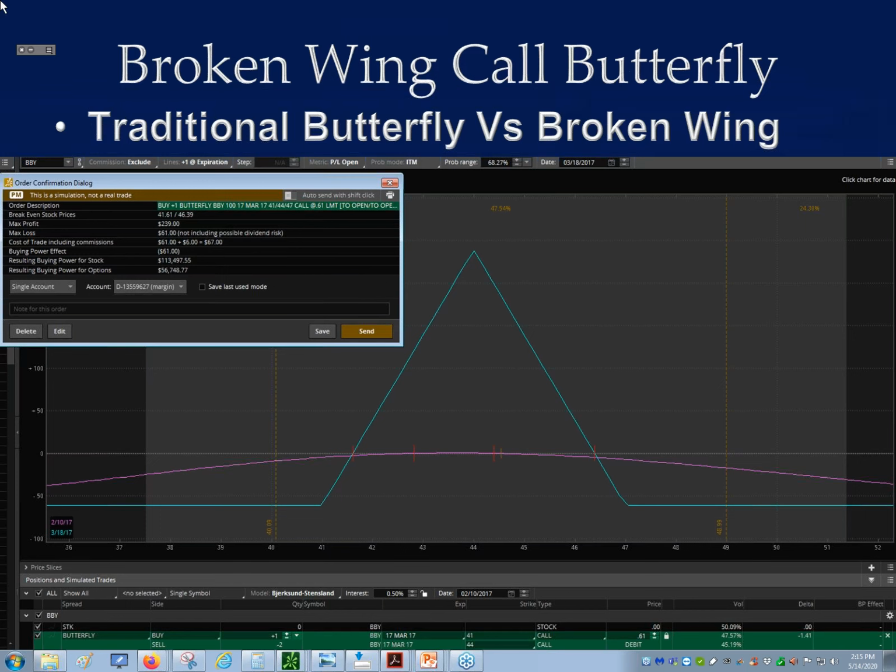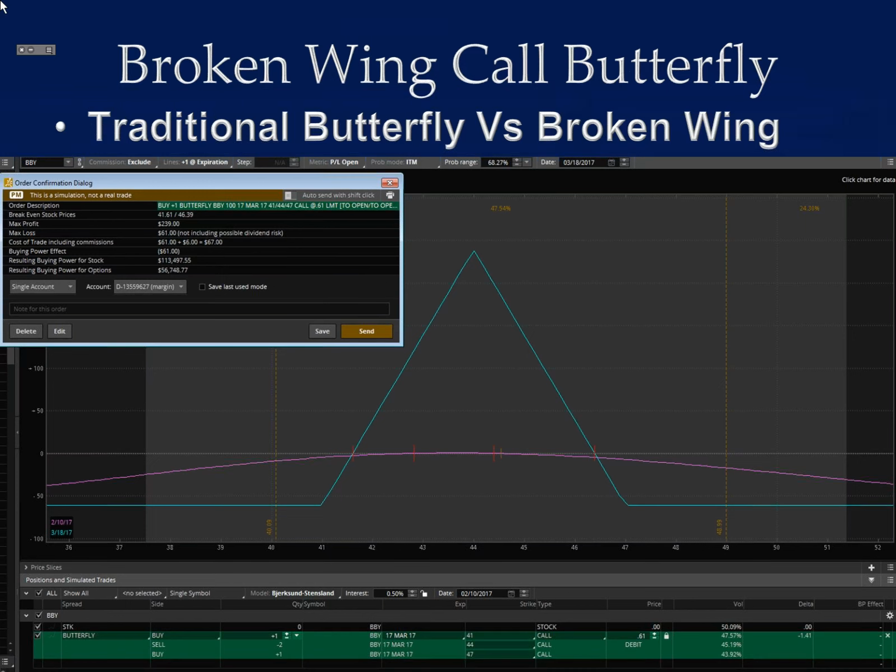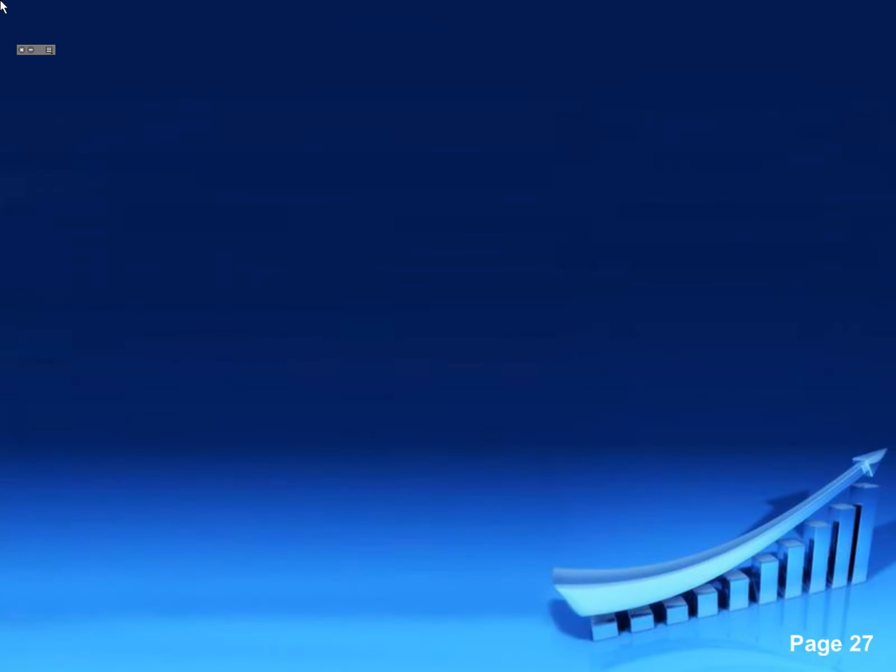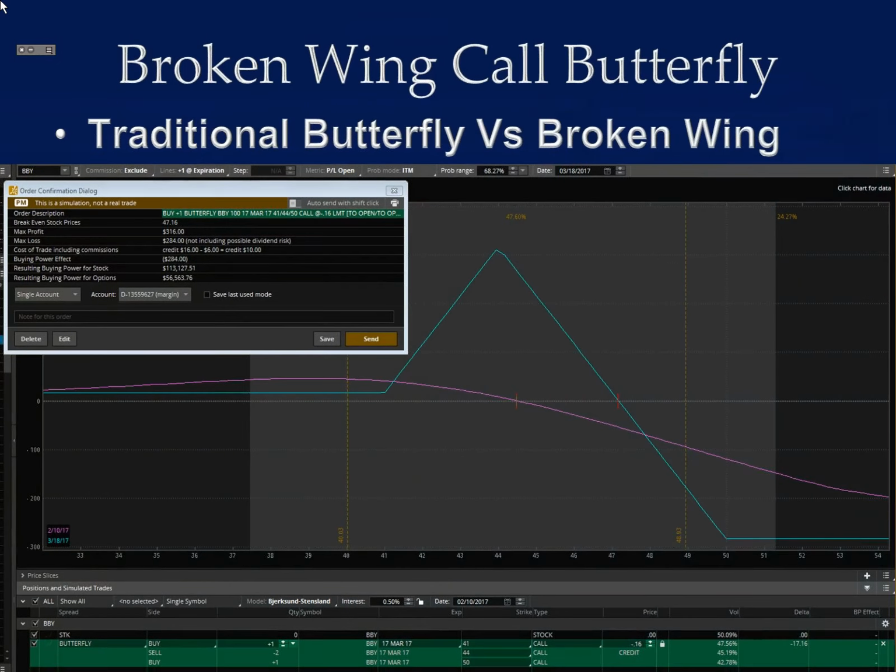It's a debit, your risk on that. Obviously, selling that short call spread is going to increase your buying power effect by that short call spread, really. You end up doing it for a credit in this one, and you're increasing your risk, but you are going to have to put up a little bit more money for it because of that short call spread.